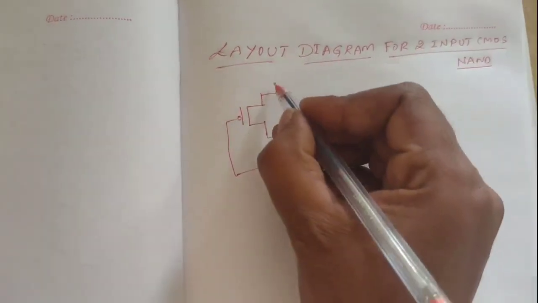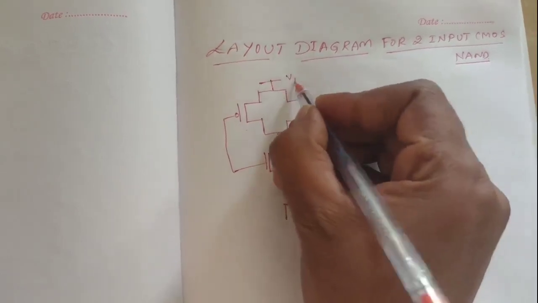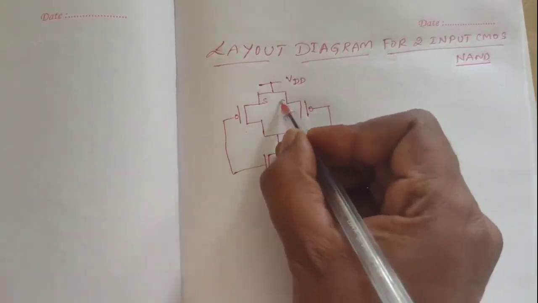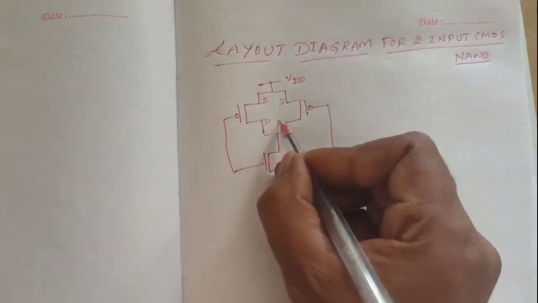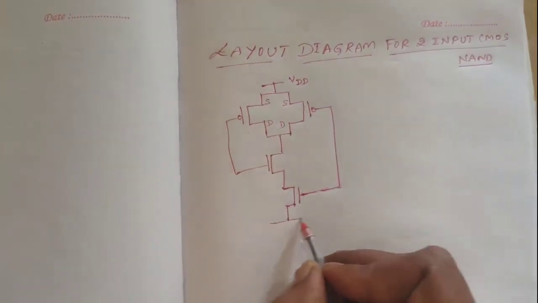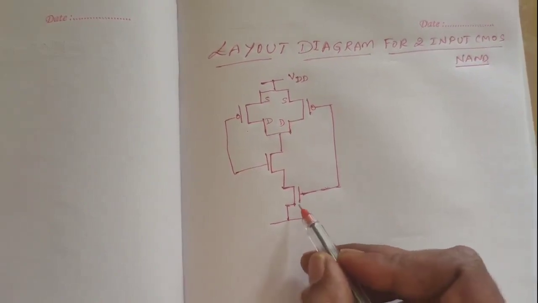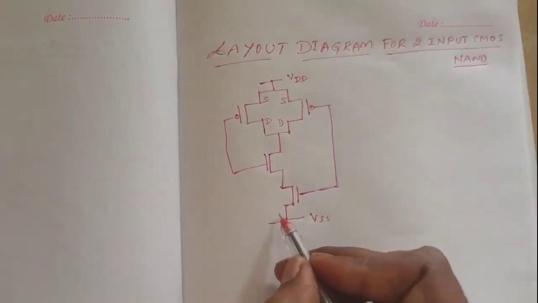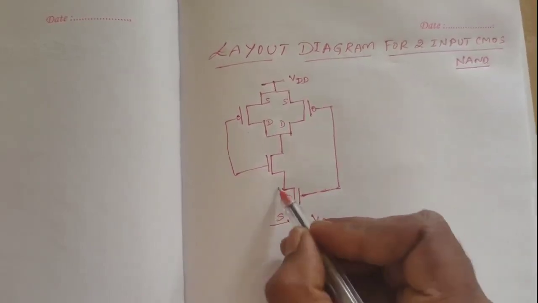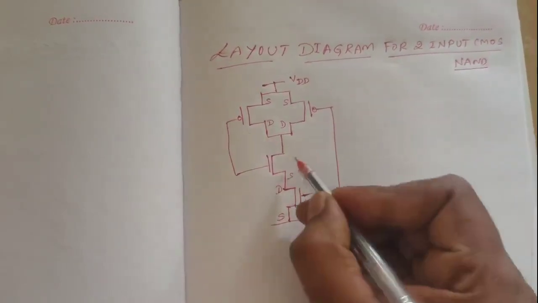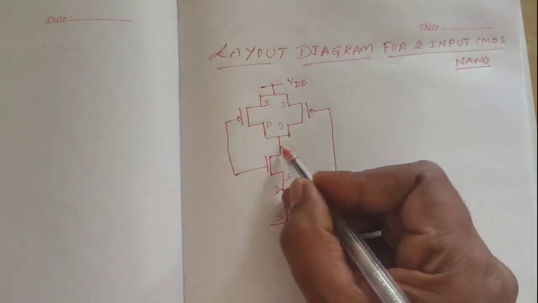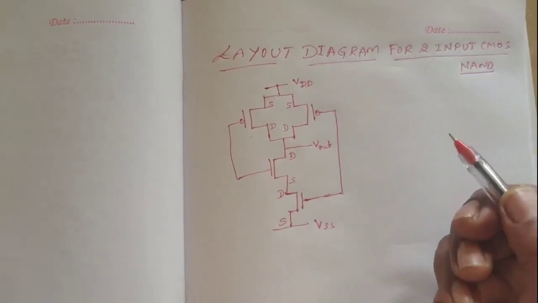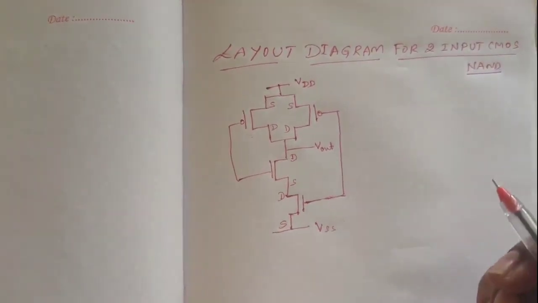This has to be connected to VDD, and the terminal I am mentioning is the source and this is the drain. The terminal of the NMOS which is connected to VSS is considered to be the source, and this is the drain. I will take my output at the junction of the interconnected drains. So this is the schematic diagram.